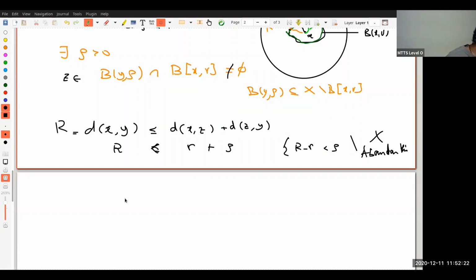Let us look at the distance between x and y.